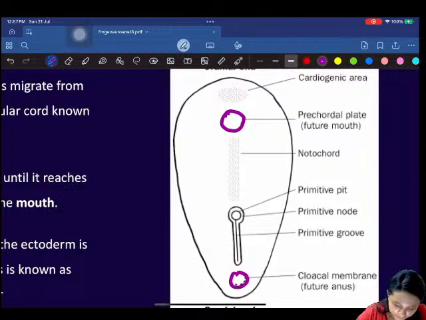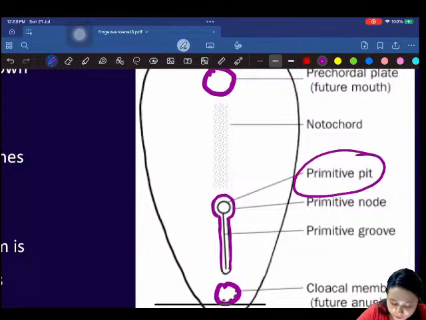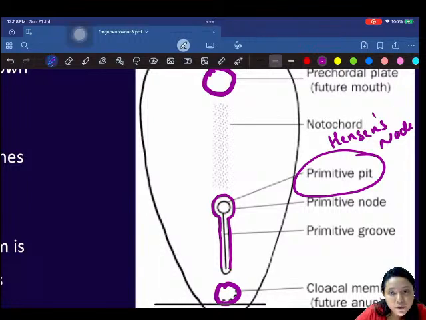Now you have the primitive streak, which also gives rise to a node known as the primitive node. Sometimes they might ask a question on Hansen's node. So you have a primitive node, a primitive streak and a primitive groove, and that groove also gives rise to a primitive bead.